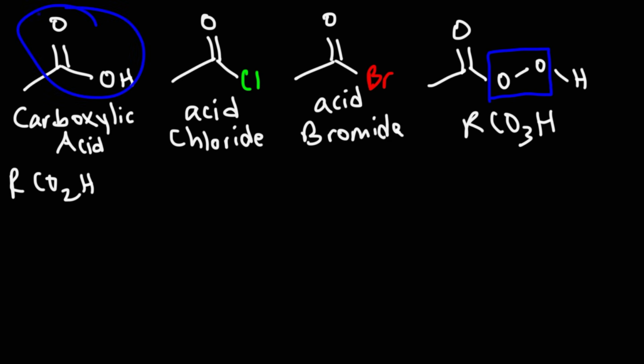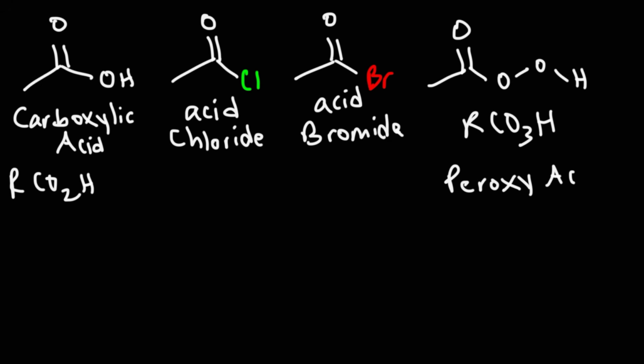And here we have a carboxylic acid. So when you combine those two, you get a peroxy acid. So combine peroxide with carboxylic acid, peroxy acid. So anytime you see RCO3H, you're dealing with peroxy acid.